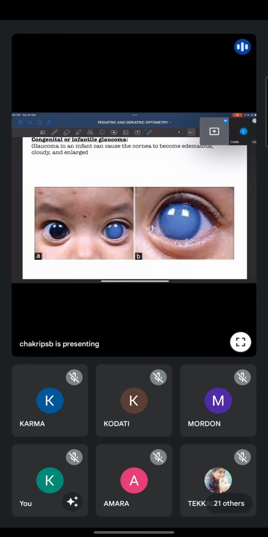So the cornea will be very opaque in patients with congenital or infantile glaucoma. You need to observe each and every time. Here the eyeball looks black, and here it looks different, so we need to check a second time or refer to the ophthalmologist immediately.